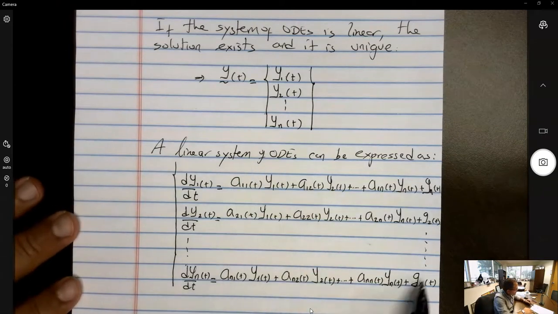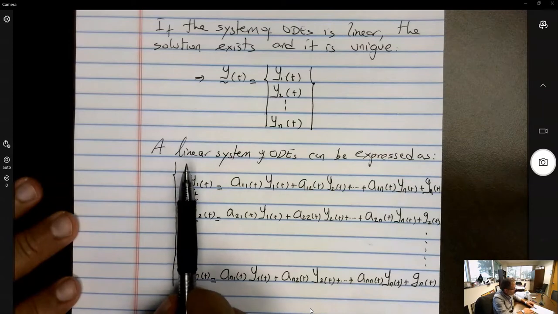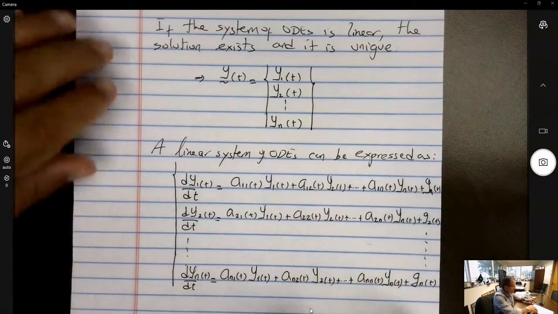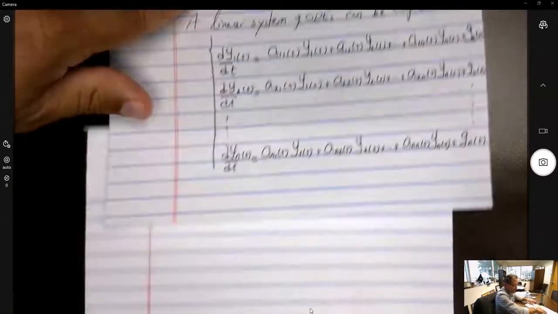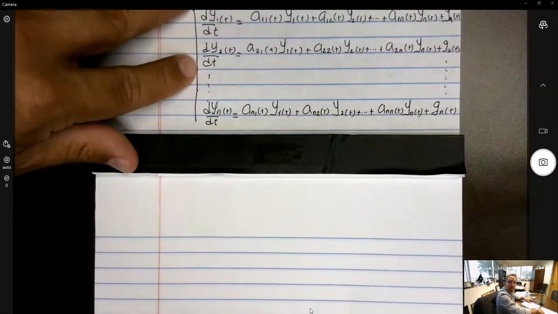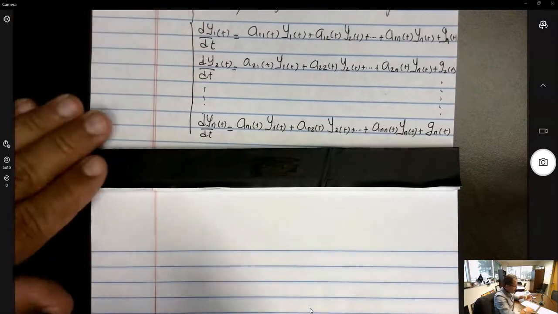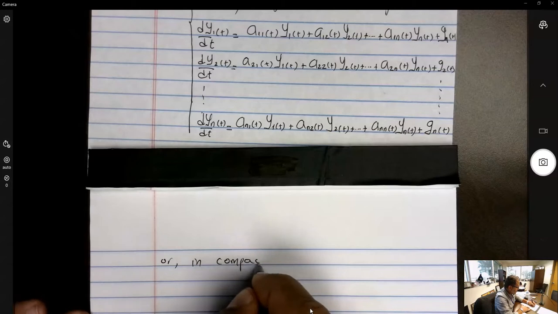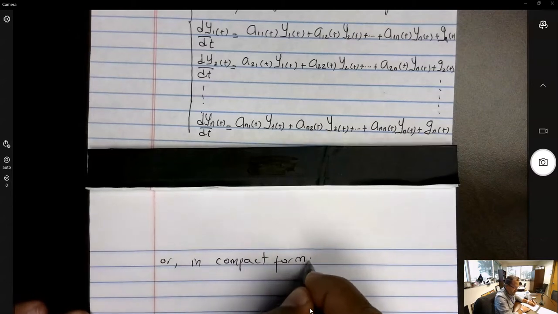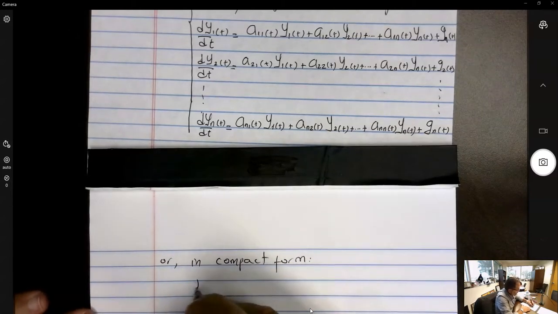So this set of equations right here, as you can see, we can express in matrix and vector form very easily by collapsing this whole thing like this, or in compact form, we can have y of t.